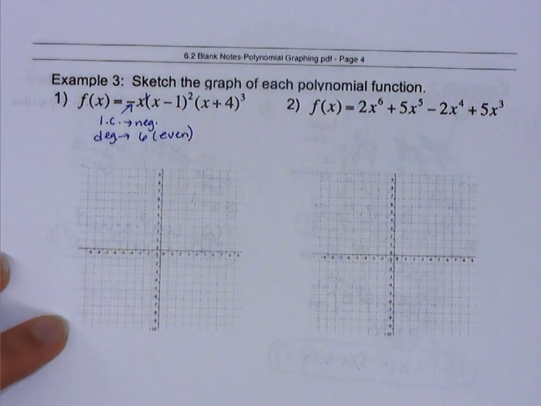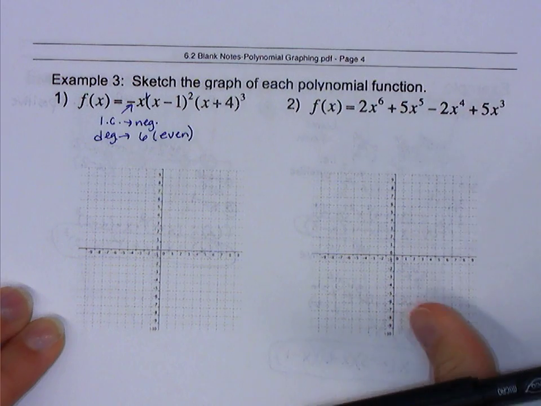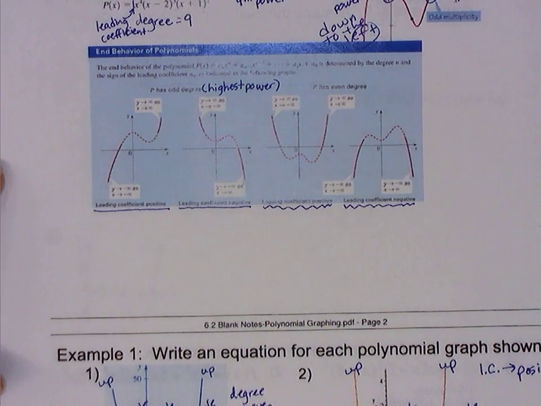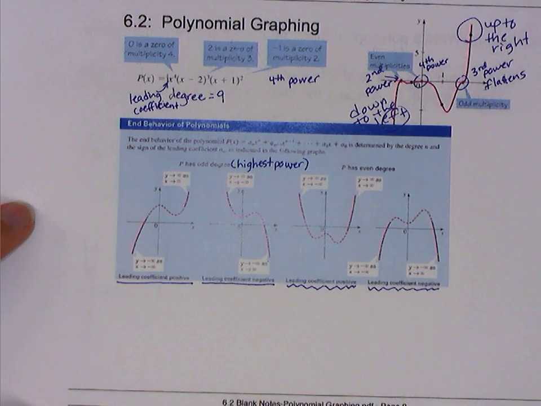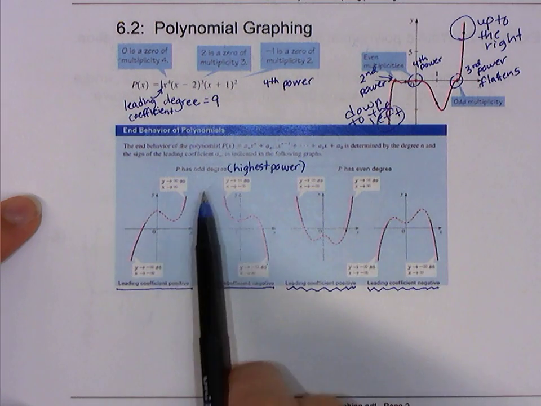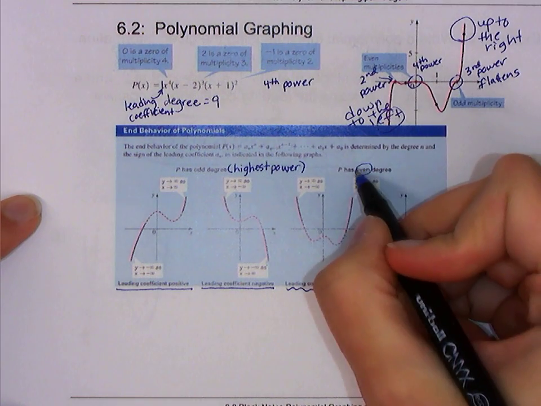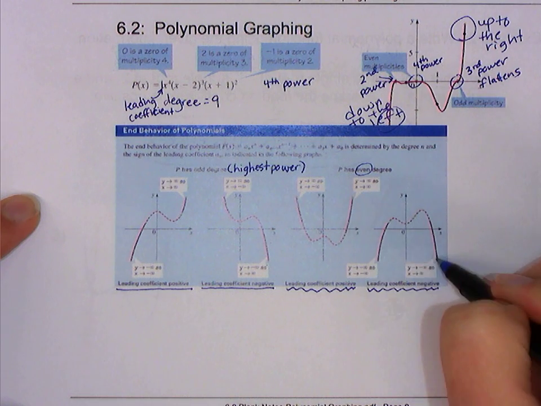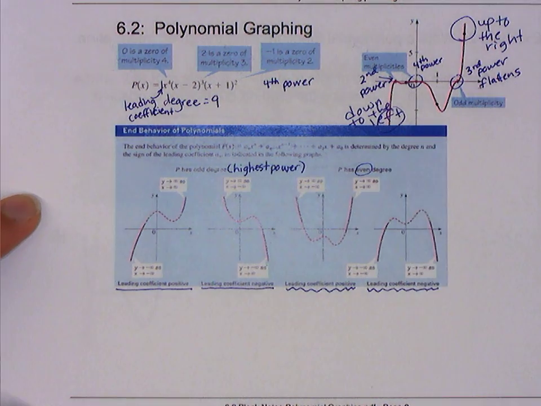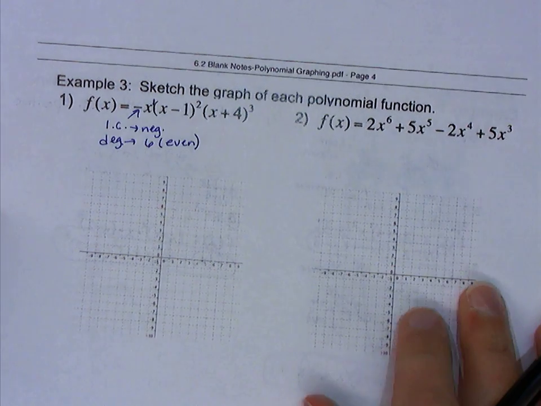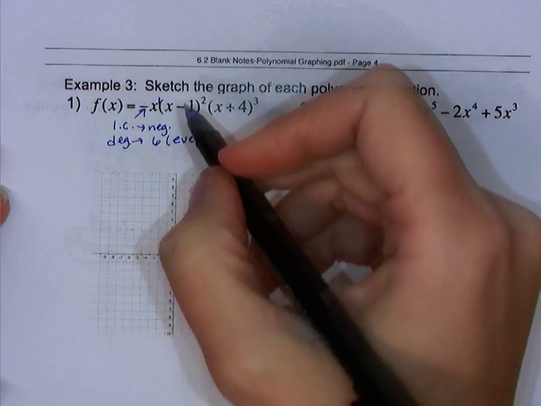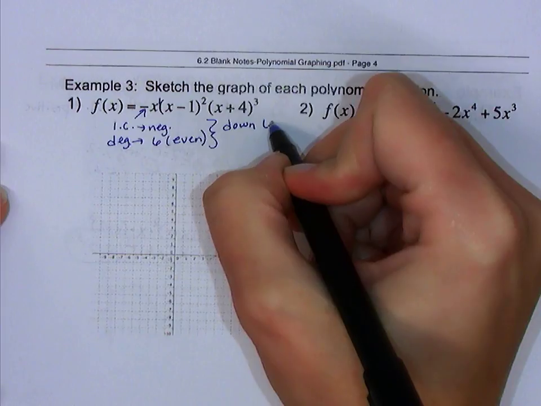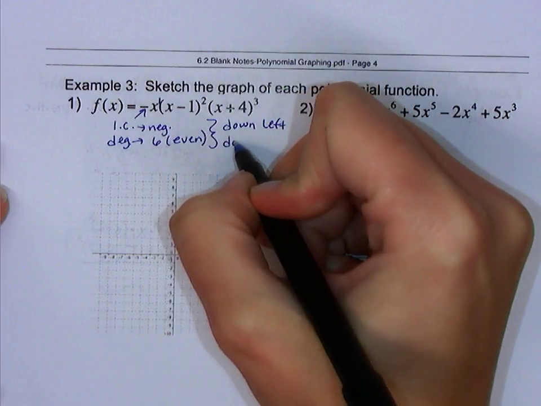So if you look at that chart on the front, if the degree is even and the leading coefficient is negative, then that means that both ends will go down to the left, down to the right. Okay, so we're going to go down on the left and down on the right.